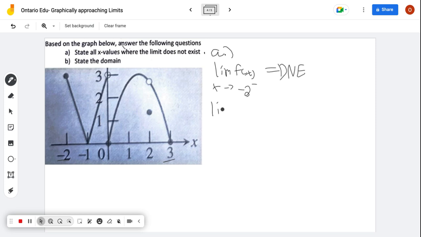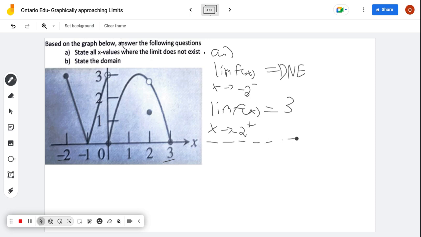Now we take it from the right hand side. From the right hand side, as we can see, we approach -2, we keep on going, and we stop here. And the y value is at 3. However, since these two are not equal, therefore the limit of f of x as x approaches -2 does not exist.